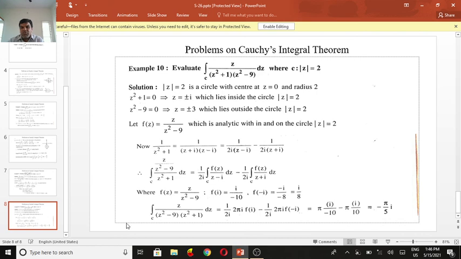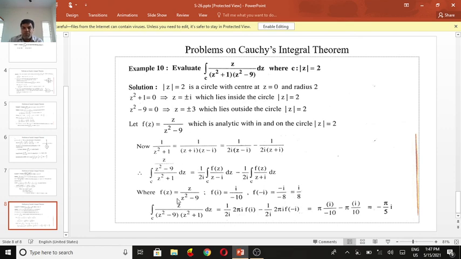So f of i, replacing z by i, is i divided by i square minus 9, which is i divided by minus 10. Replacing z by minus i, f of minus i is minus i divided by (minus i) whole square minus 9, which is minus i divided by minus 10, so we get i by 10.